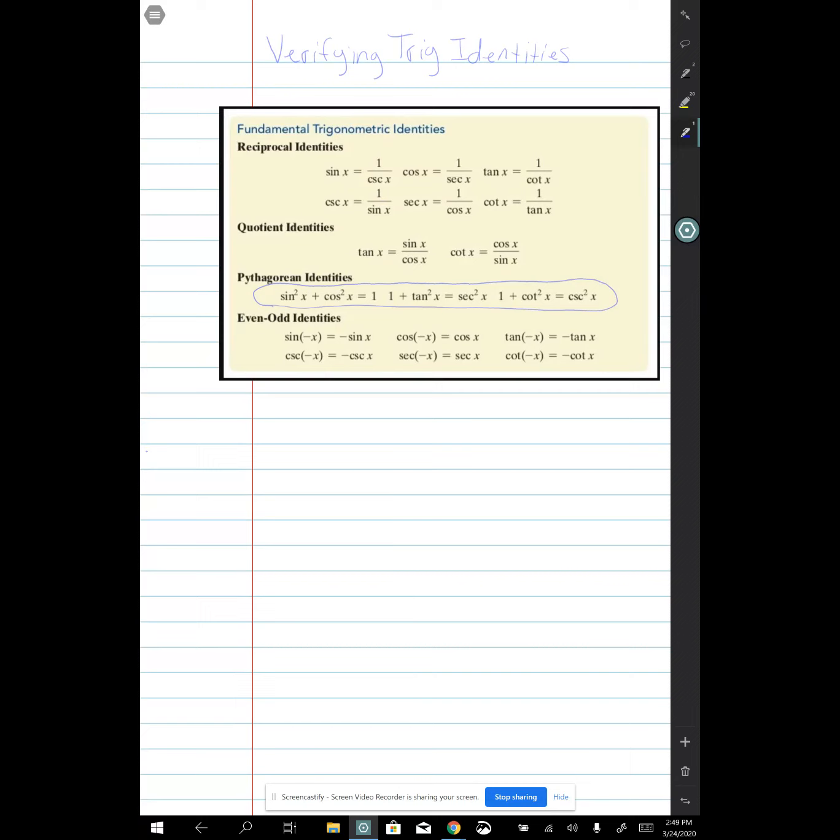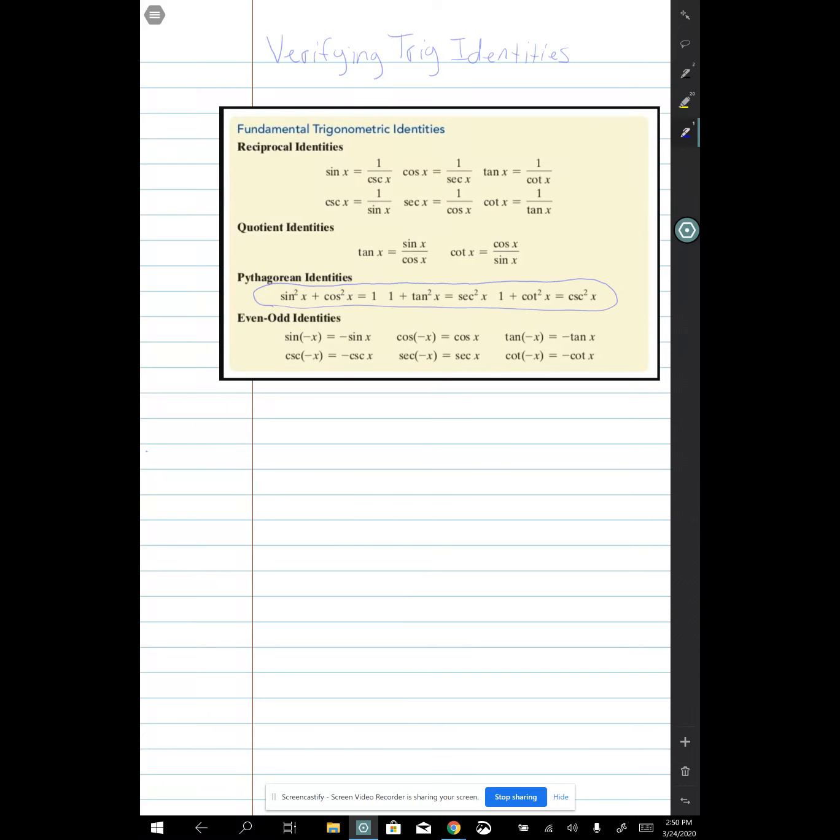Okay, so when you do these, you're going to start with the side containing the more complicated expression. If you wind up substituting one or more fundamental identities on the more complicated side, you'll often be able to rewrite it into a formal identity that's going to be identical to the other side.